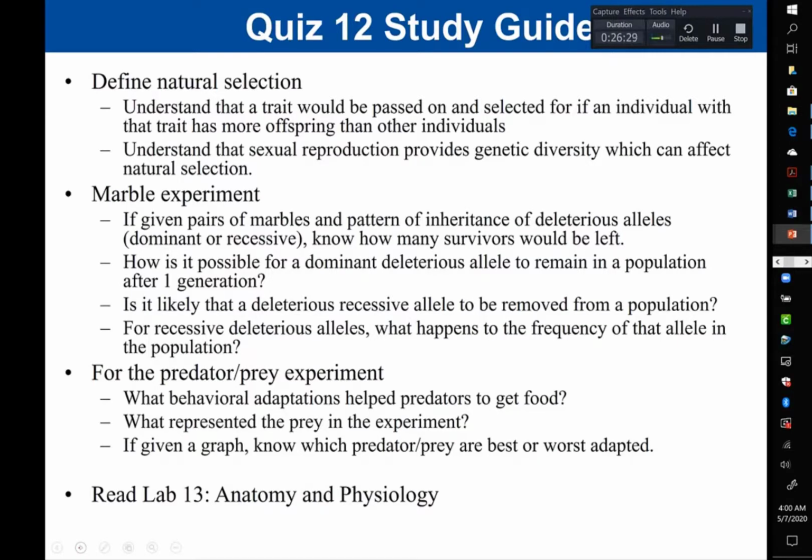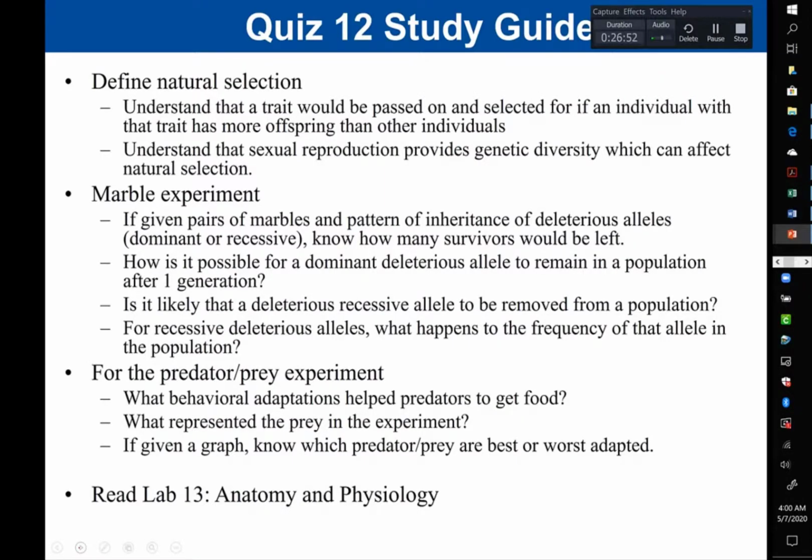How is it possible for a dominant deleterious allele to remain in a population after one generation? Again, I talked about this: if that dominant deleterious allele is something that comes on later in life, then those people who have that allele can reproduce and pass it on to future generations.